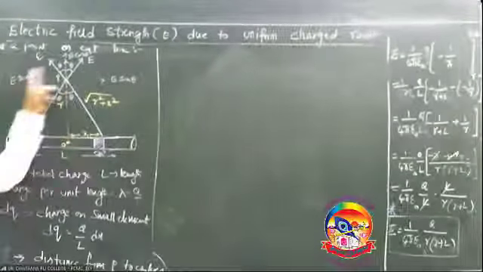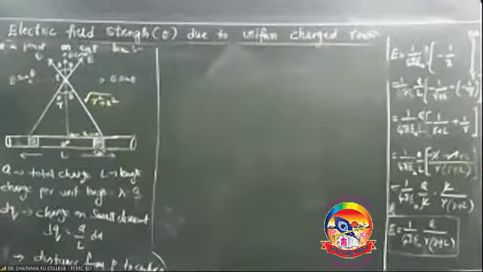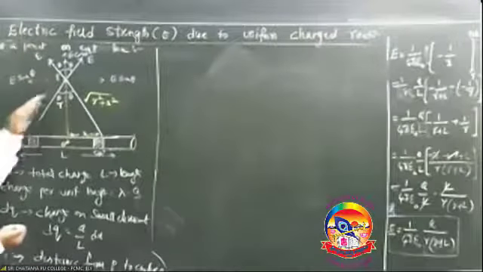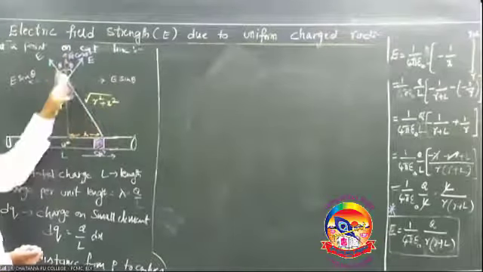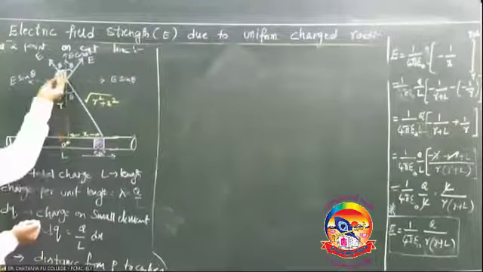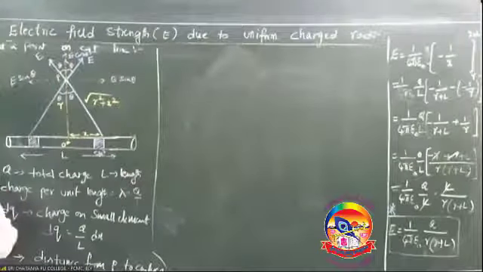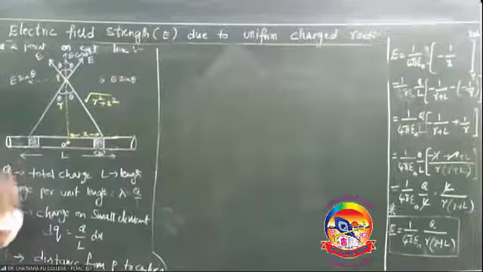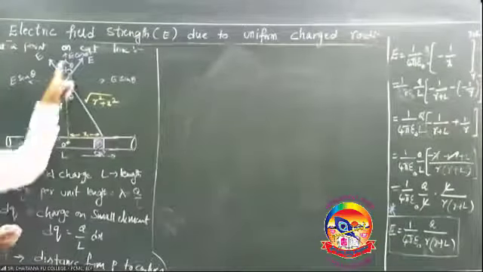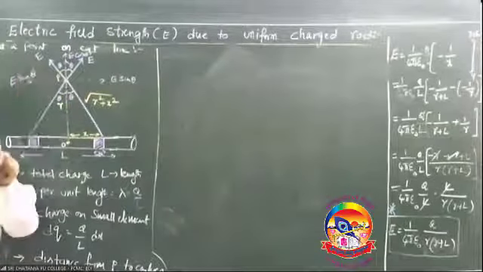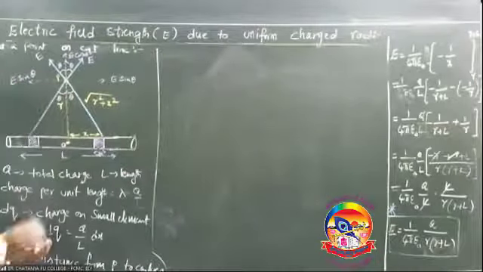They are equal and opposite, so they cancel out with each other. What remains is E cos theta due to this and E cos theta due to that, so all E cos theta components combine. Clear? E sin theta components cancel out and E cos theta components add up. So what is the field at point P?